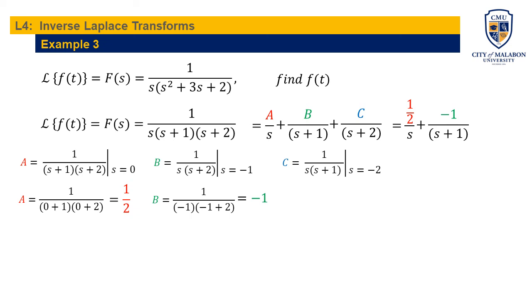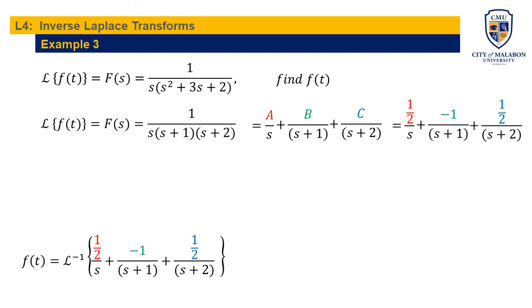The value we use here for s is negative 2. Okay? So we substitute s equal to negative 2. We now have c equal to 1/2. So we put our c of 1/2 back into the equation. We now have a representation of our F of s that is broken apart.